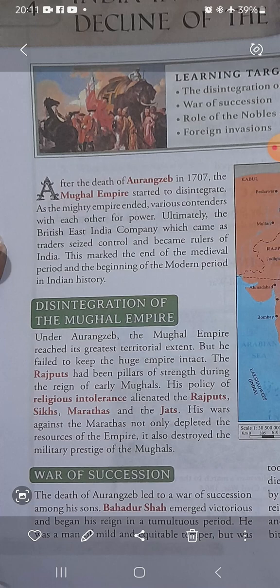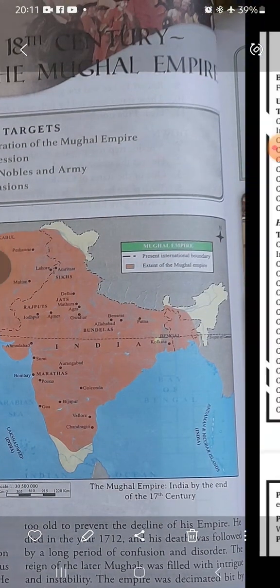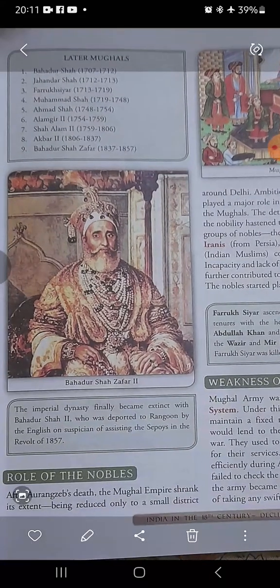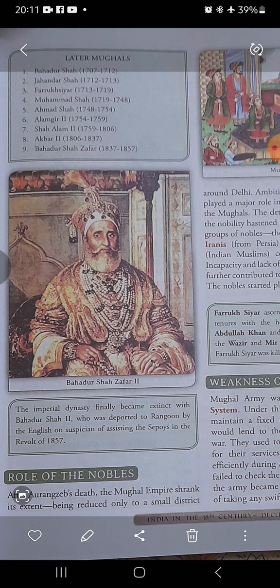The reign of the later Mughals also brought with it great disasters and instability, and this also led to the decline. In your projects I have already discussed who the later Mughals were, and these were the names of the rulers who failed to keep up to the role models of the earlier Mughal rulers.